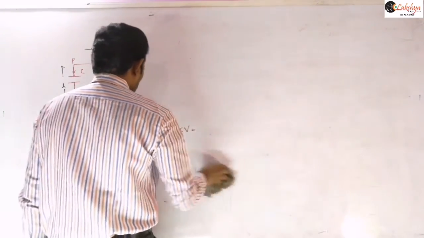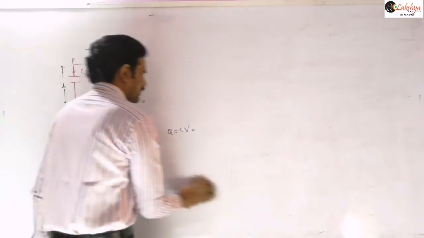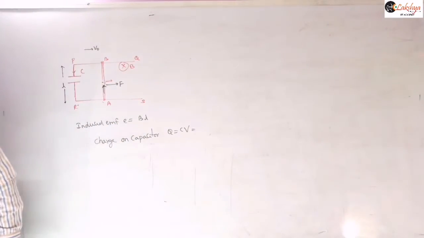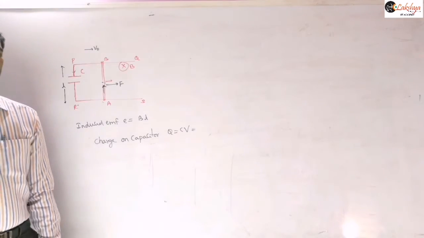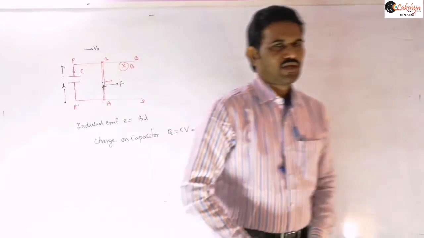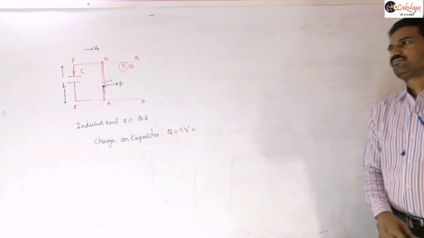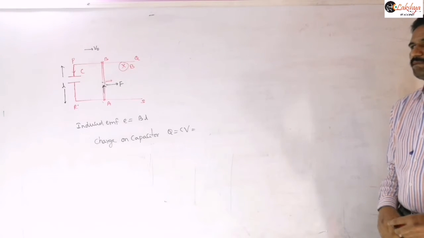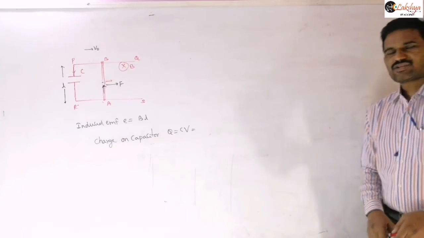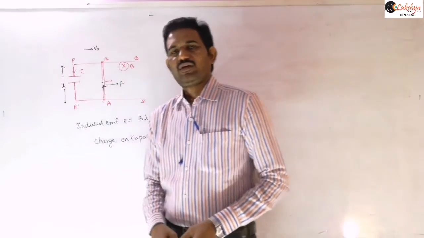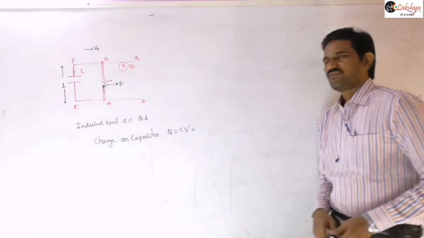And at t equals 0, a constant force F is applied on the rod. Then find the acceleration of the rod, and the velocity of the rod as a function of time.